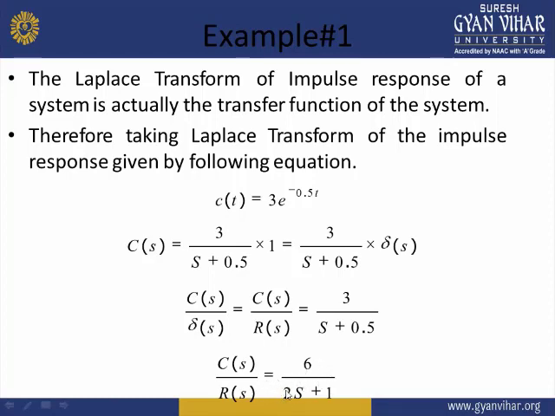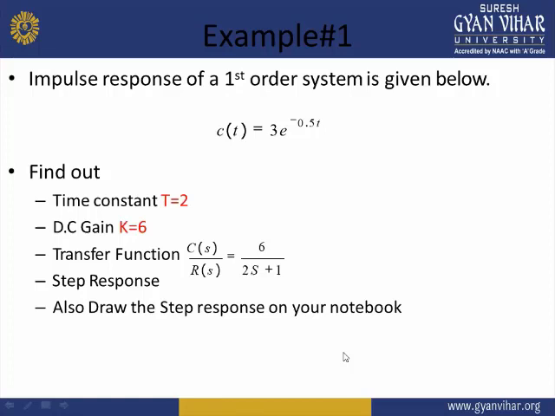So it will be 6 upon s(2s plus 1) in that case. Again, the time constant T is 2, the DC gain is 6, and the transfer function is as above. We also have to draw the step response in your notebook.